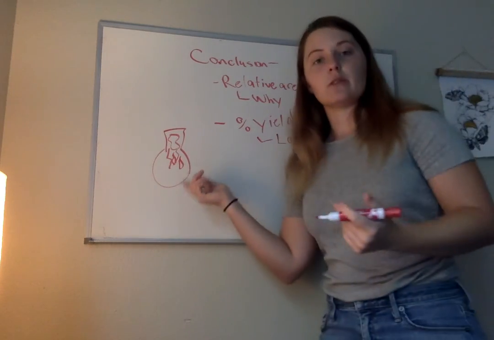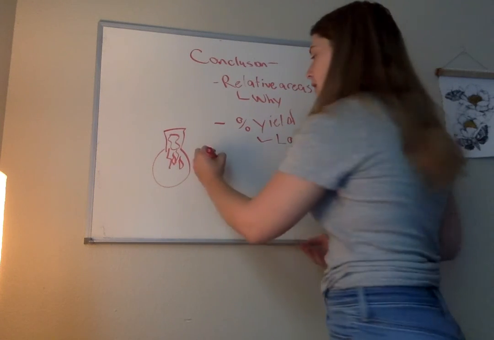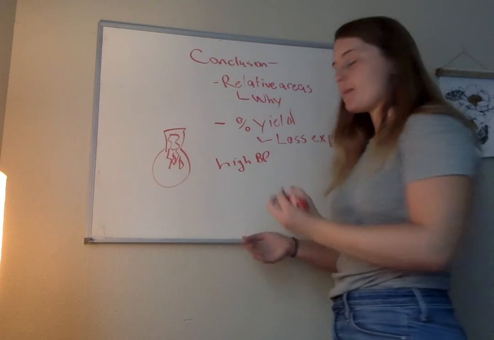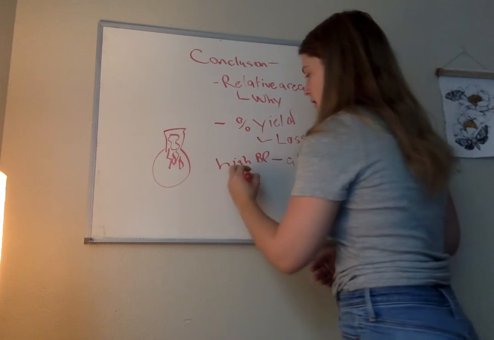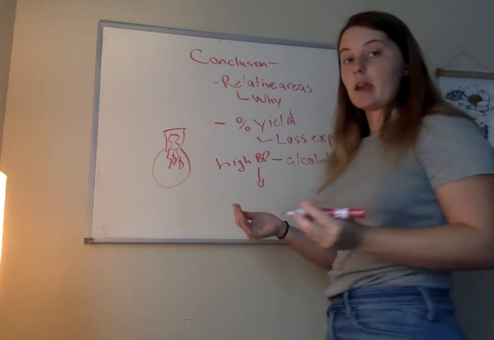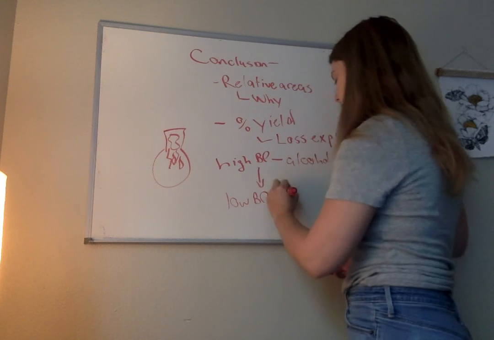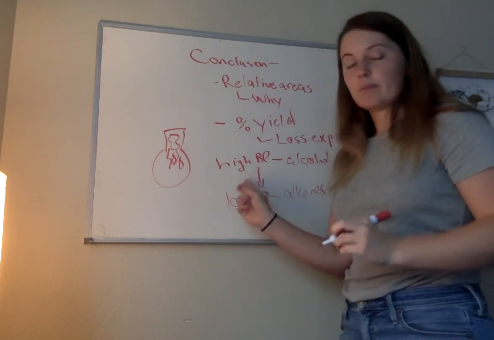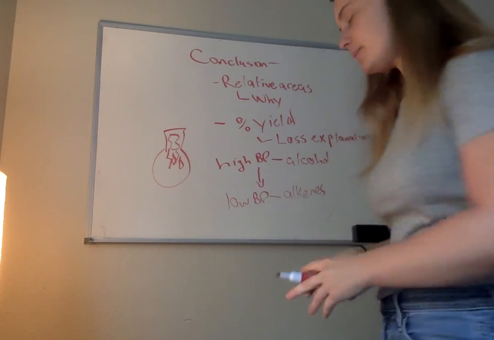The reason we want to do this for this lab is because we're separating a high boiling compound, the alcohol, from a low boiling compound, the alkenes. Having the fractionating column really helps with that separation.